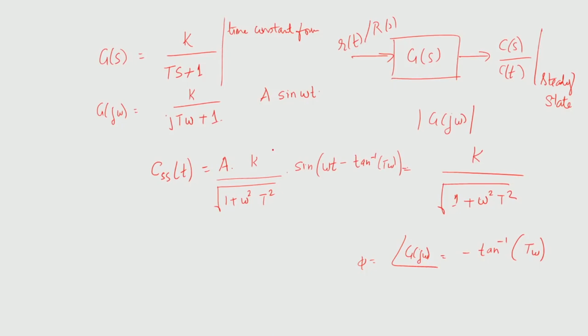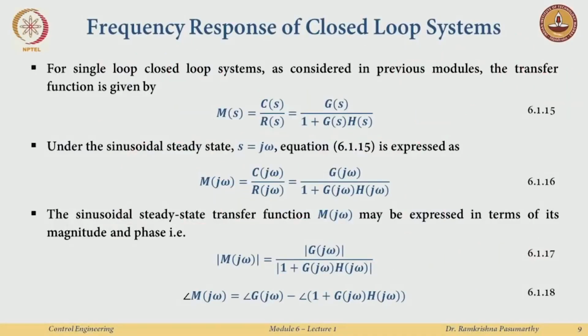Magnitude just changes with the magnitude of G of j omega. How does the phase change? The phase just changes with the angle of G of j omega. So, the reason for doing the entire previous steps was just to get this expression in a reasonably straightforward manner.